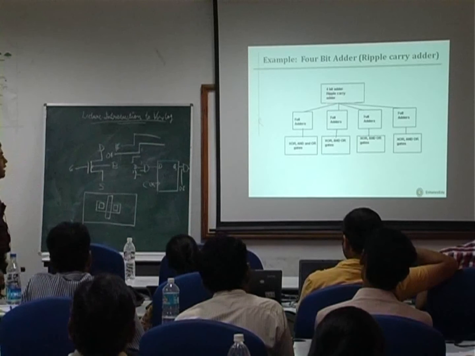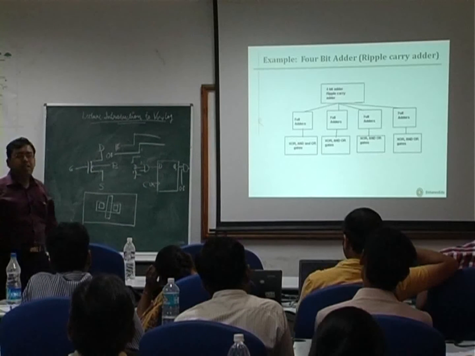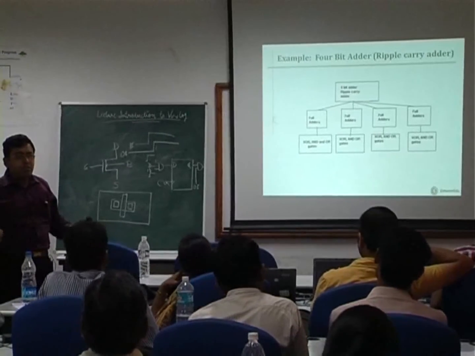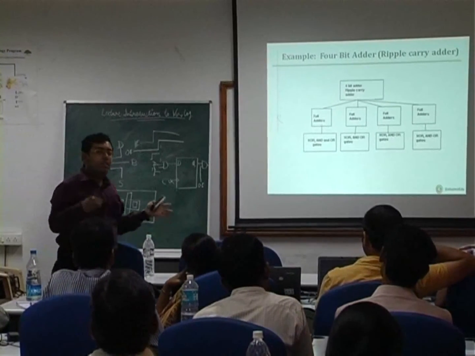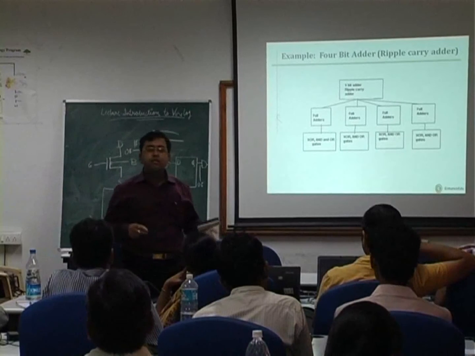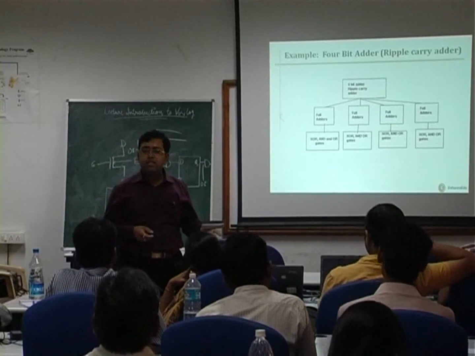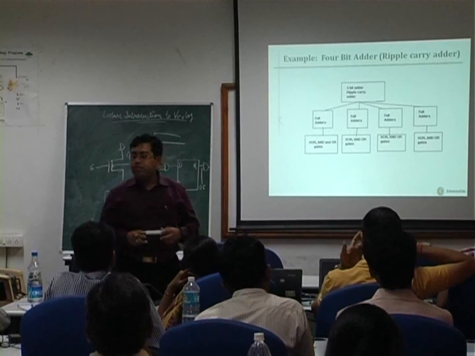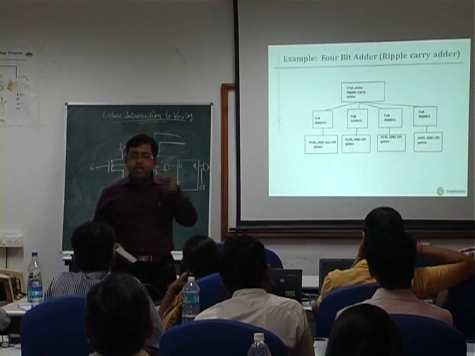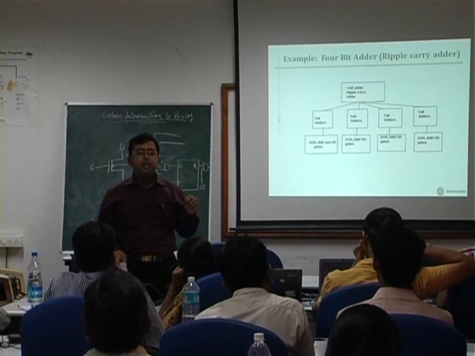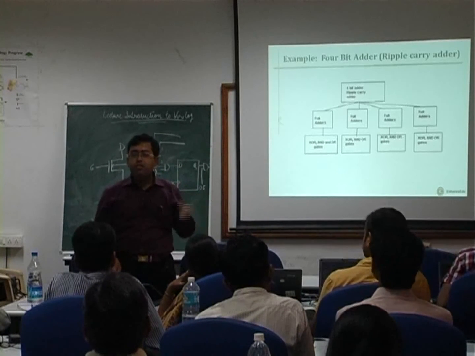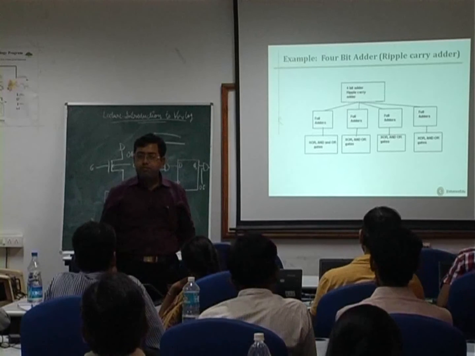And in order to do this impedance matching, you have to accurately tune the aspect ratios of the different transistors which you are using to implement your design. So such fine details can be taken up if you go by the bottom up approach and not the top down approach.